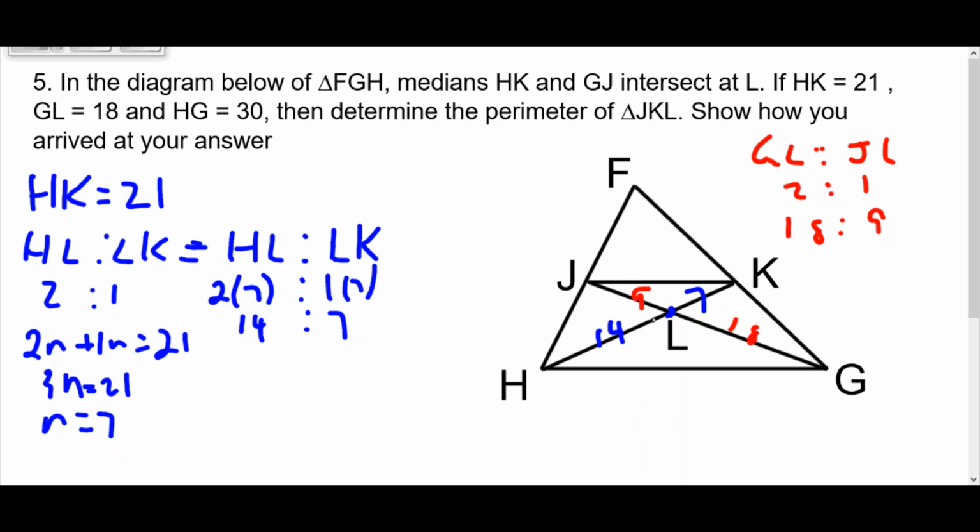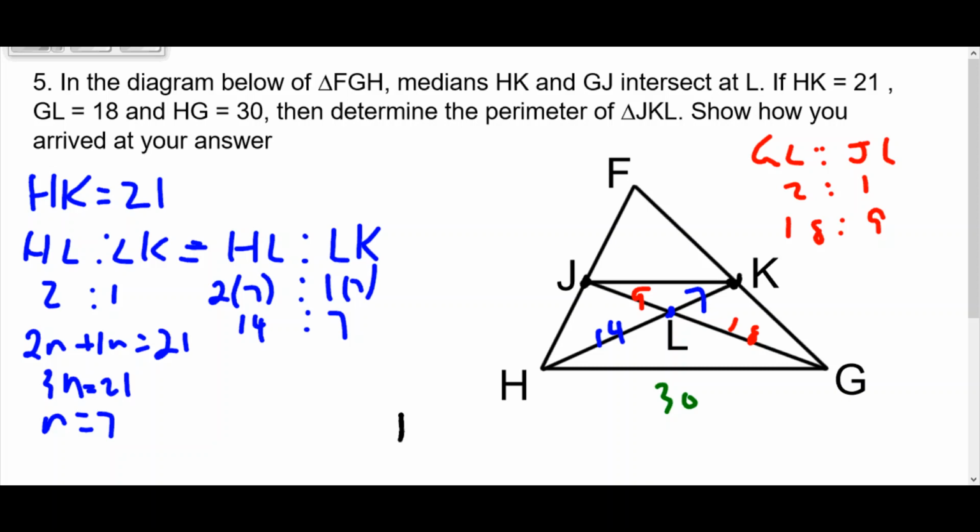And so we now have two sides and are looking for the third side. The last piece of information they give us is that HG is 30. But since J and K are the midpoints of the sides FH and FG, we know from the mid-segment theorem that if we connect the two midpoints of two sides of a triangle with a segment, it will be parallel to the third side and half the measure.